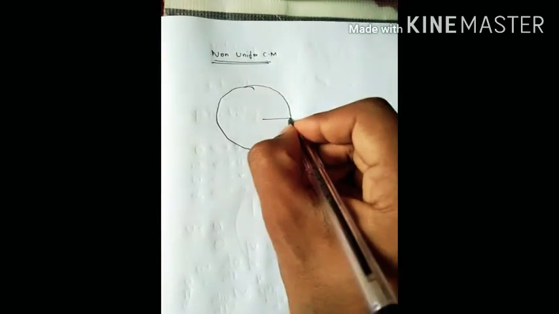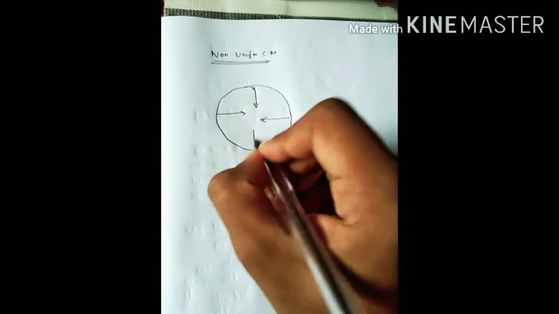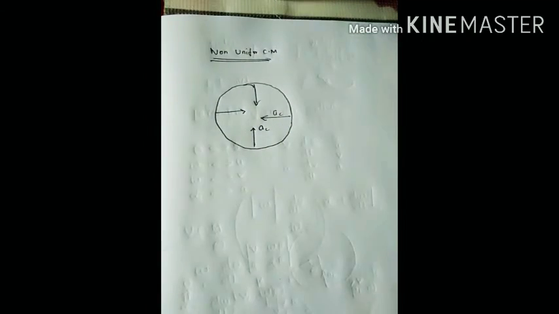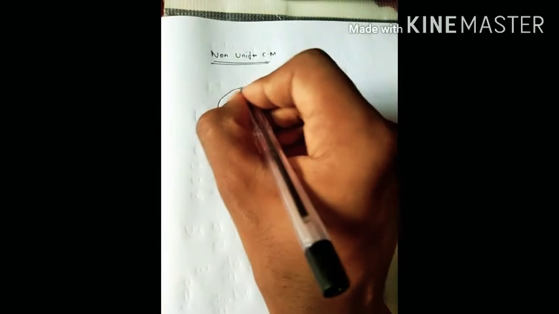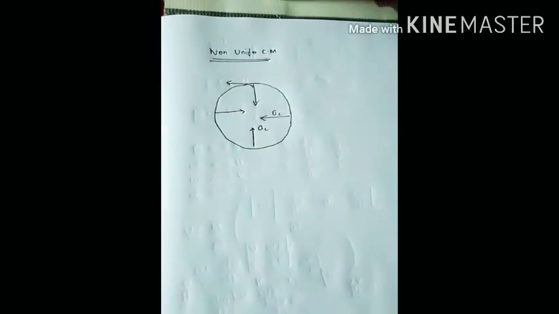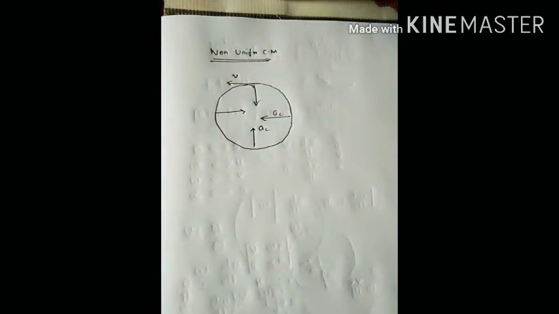There may be some centripetal acceleration towards the center, and there exists some constant velocity. This is the case of uniform circular motion.